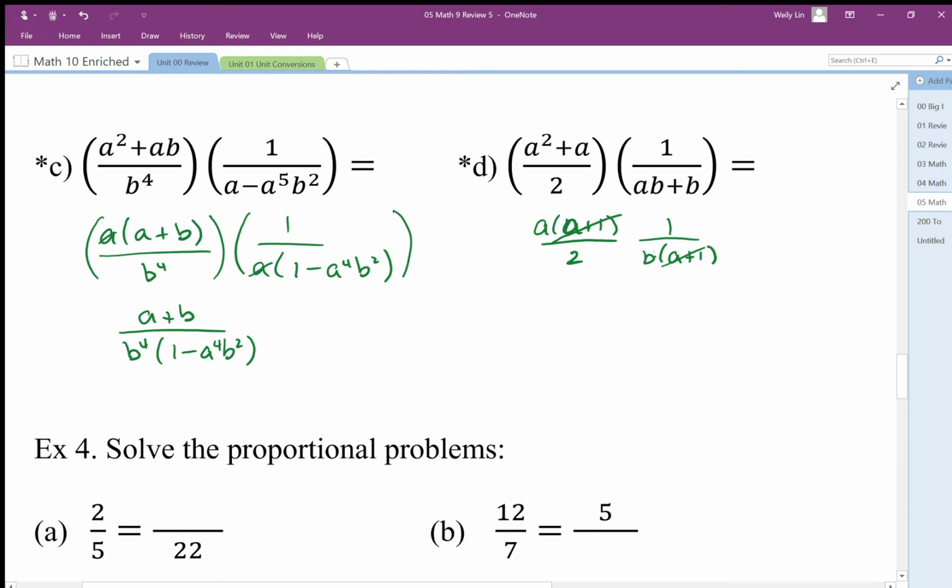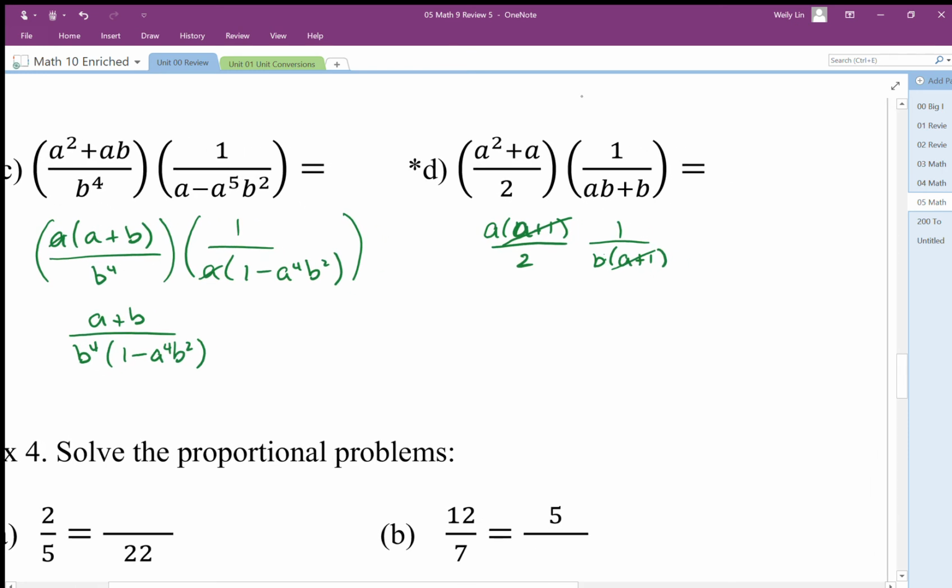Okay, and before I cancel those out, I really should make sure that I state my restrictions. So a cannot be equal to -1, and b not equal to 0. Okay, because this a here, it can't be -1. This b factor can't be equal to 0.